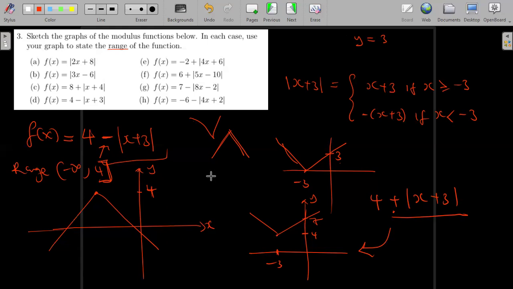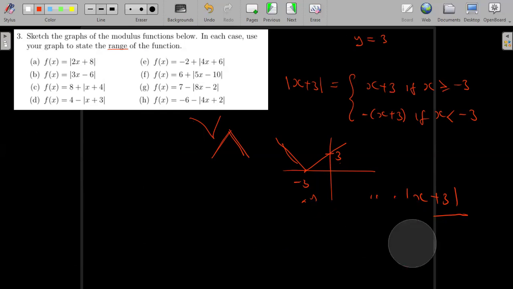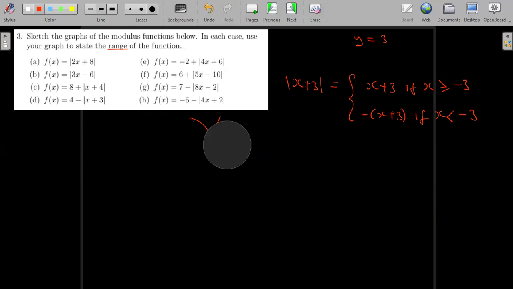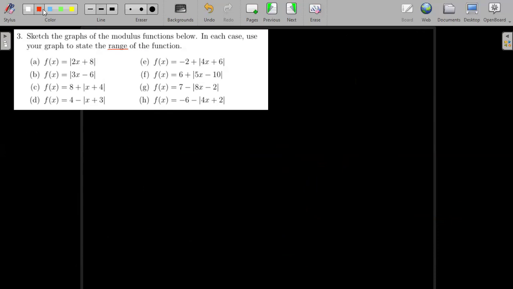No, we're okay. So we are good to do the last type, which is H, and I guess you will be able to solve every question when sketching these modulus. Alright, so H, which is f of x. It has a negative vertical shift, and there's a negative there, and you have 4x plus 2. So how do I sketch that?